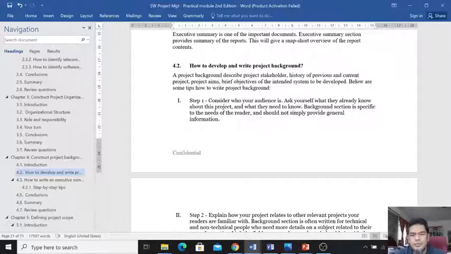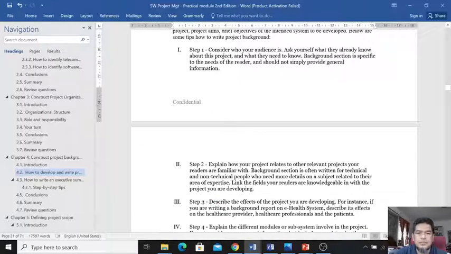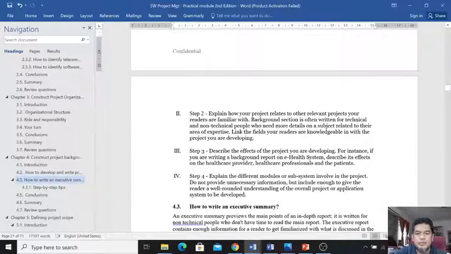If you don't have information about your project background, you need to do research. Read and do a benchmarking with other systems, right? And then you can explain comprehensively. So first step is consider your audience, explain how the project relates to other relevant projects.